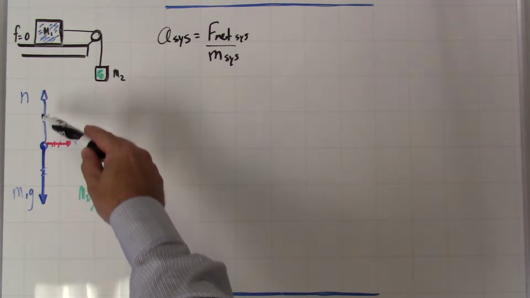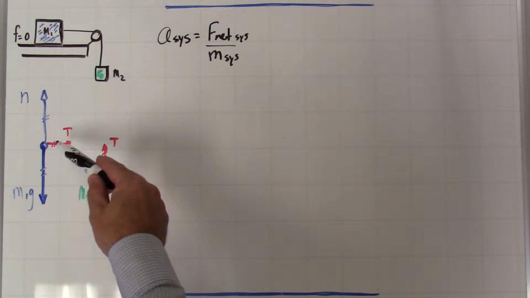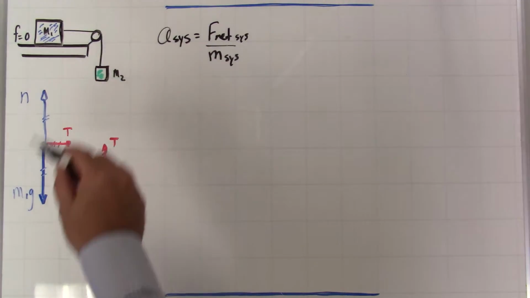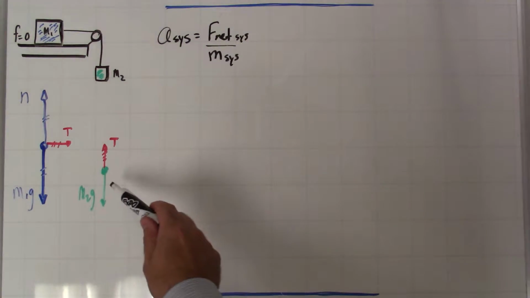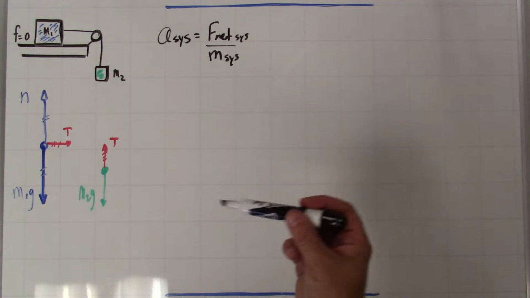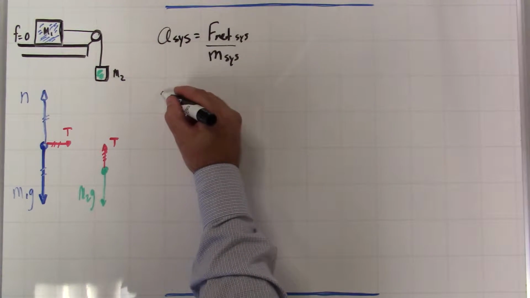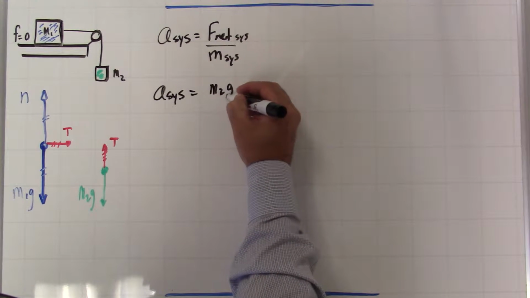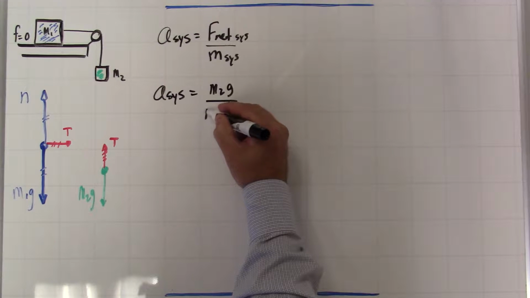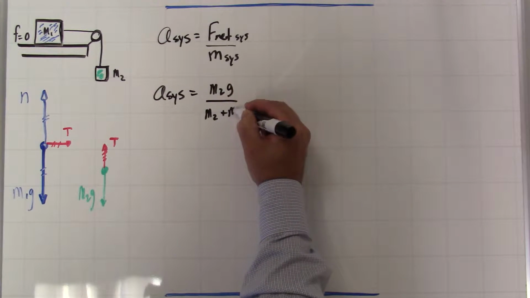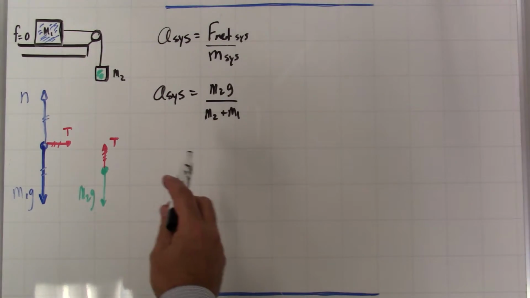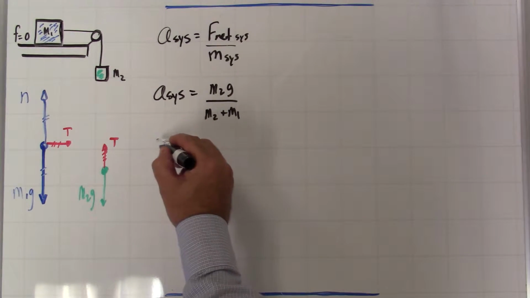This normal balances out this weight, this tension balances out this tension, because one is upward toward the pulley, the other is sideways toward the pulley, and those balance within the system concept, and therefore the unbalanced force on the system is the M2G. So we say the acceleration of the system is equal to M2G over the mass of the system, which is M2 plus M1. And then if you were given values, you can plug and chug and get the acceleration of the system.